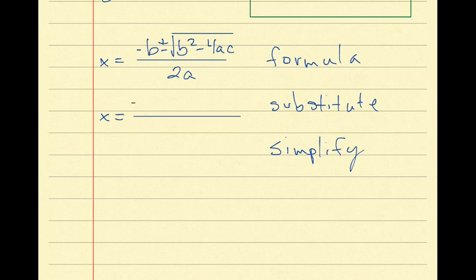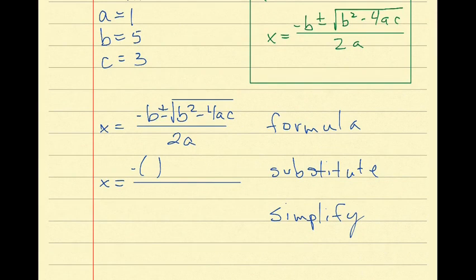So what is b? Please, please, please, everywhere you substitute, use parentheses. These will help you not make negative sign errors. In this example, we don't have negative signs in our coefficients, but why not practice doing it the right way? So wherever I substitute, I'm using parentheses.